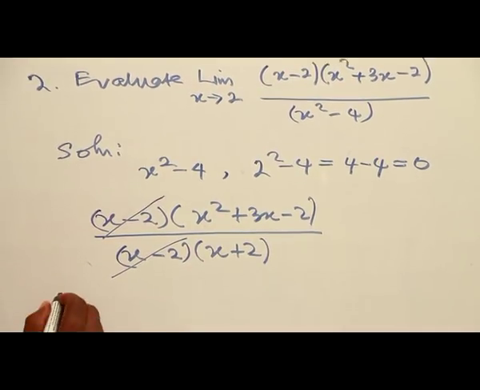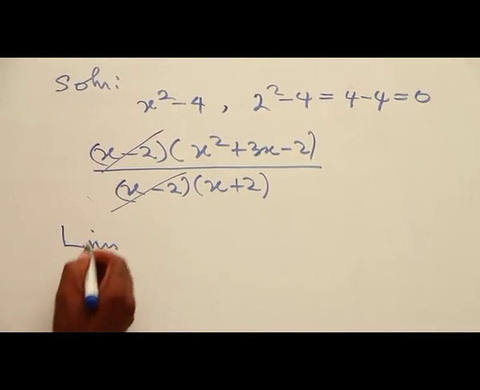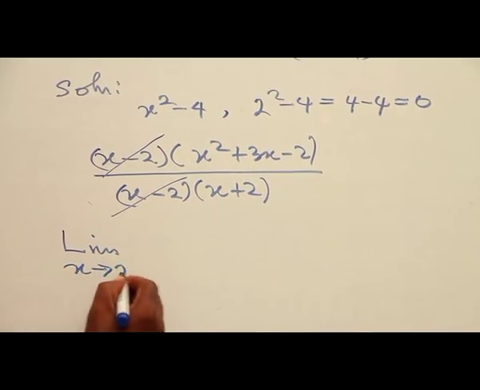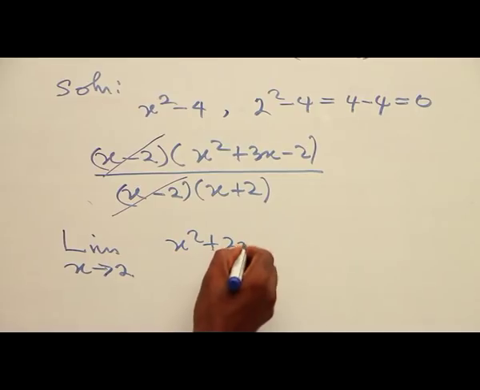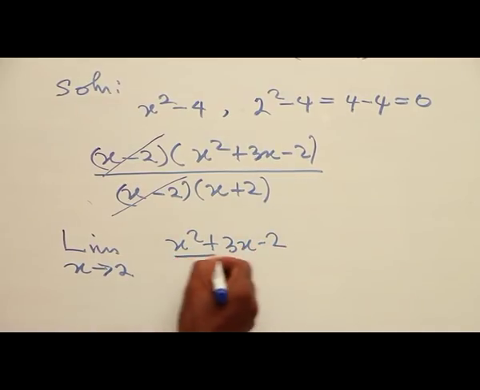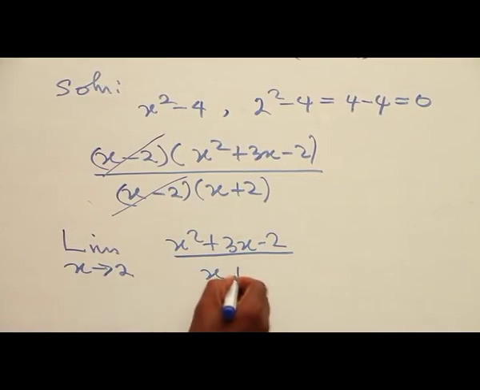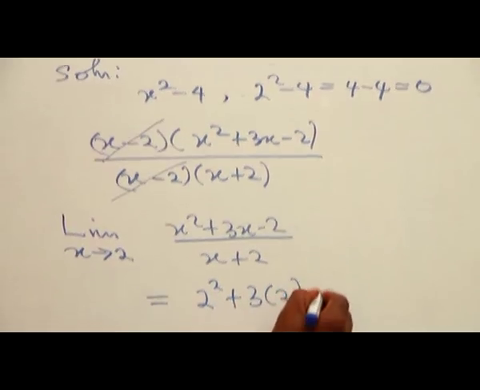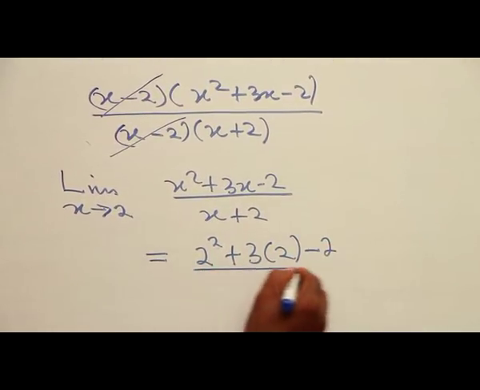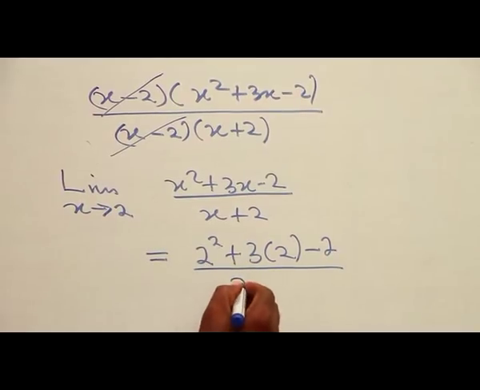So we are now interested in the limit as s tends to 2 of s squared plus 3s minus 2 all over s plus 2. Now this will be equal to 2 squared plus 3 times 2 minus 2, all over 2 plus 2.